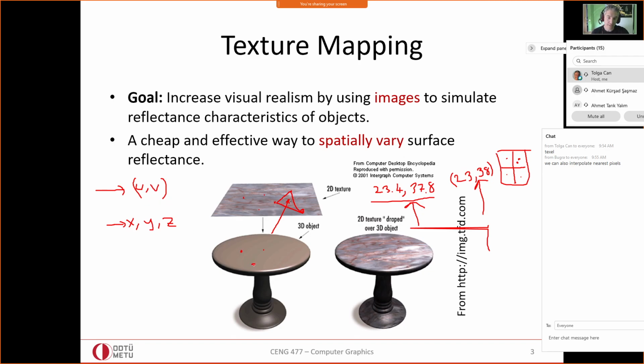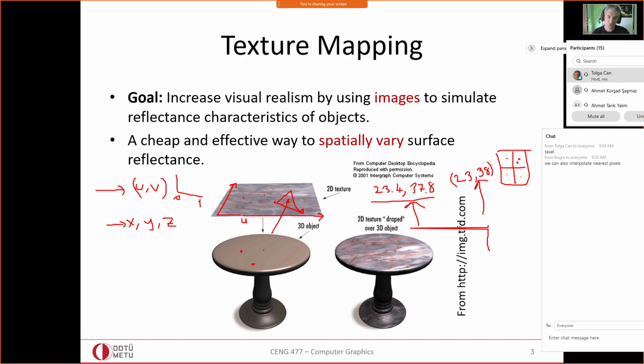So for this vertex, we may also associate a 2-dimensional coordinate, u and v, in which u and v are between 0 and 1. They may sometimes be larger than that; we'll see, for when we are doing tiling, where we use the same texture. Given a single image, its coordinates will be something like this.